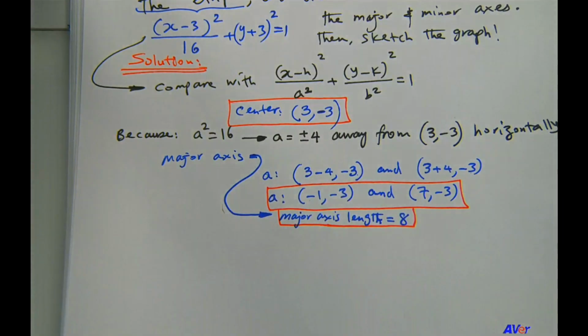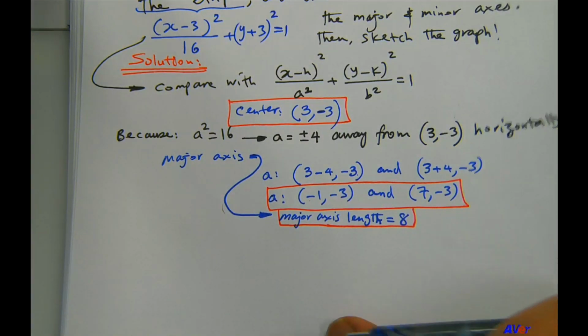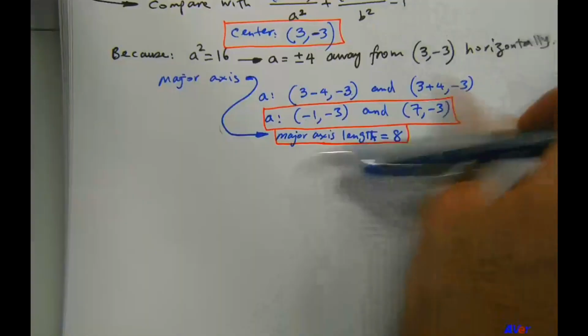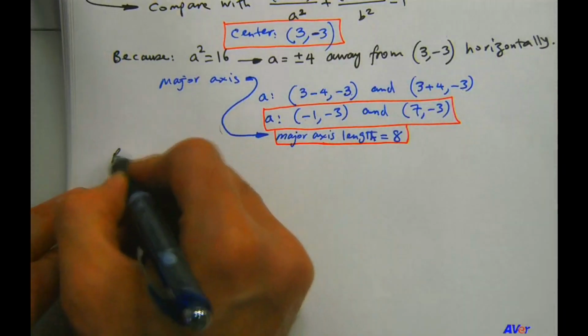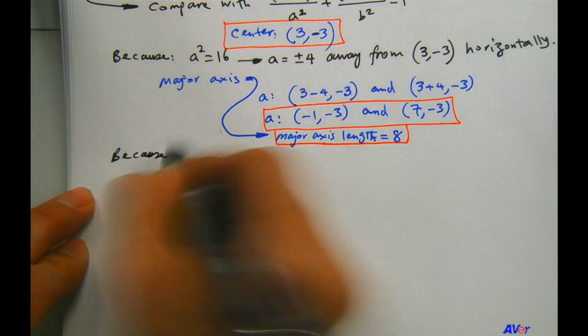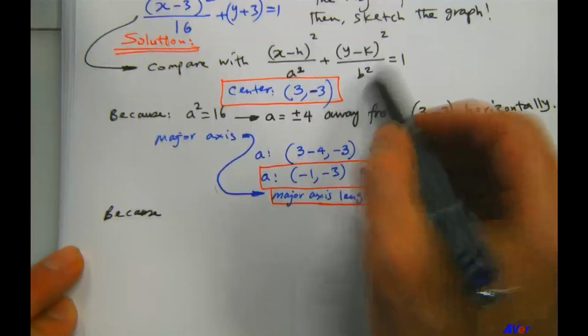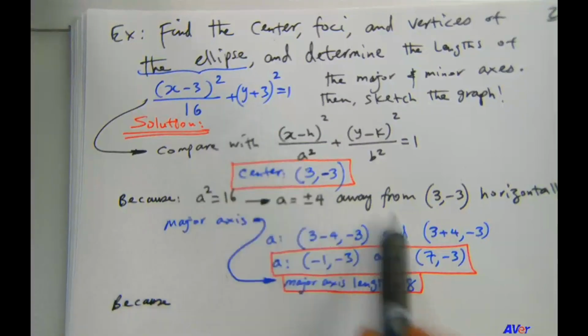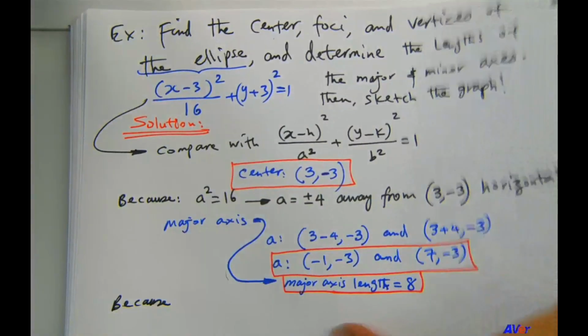So let's do the same thing for the minor axis. Because from this equation, b squared equals 1, right? We know that b squared equals 1.